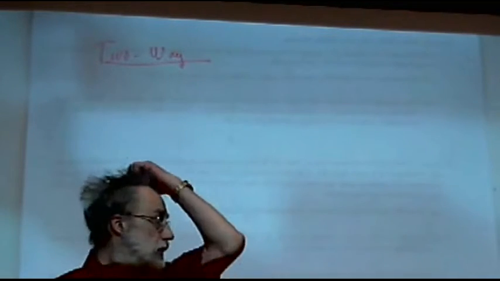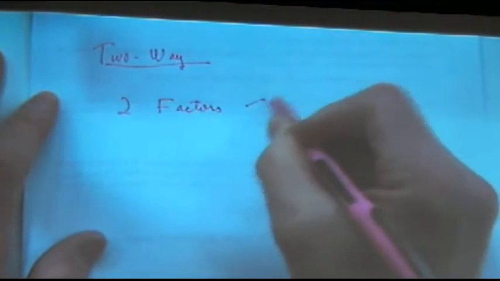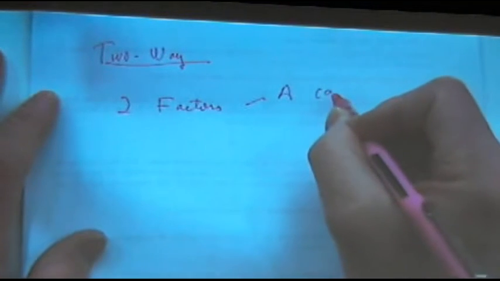K-way analysis, but two-way is what we'll talk about. And then we can talk about the randomized block design, which is a special case. But in two-way analysis, you have two factors. Factor A has A levels.